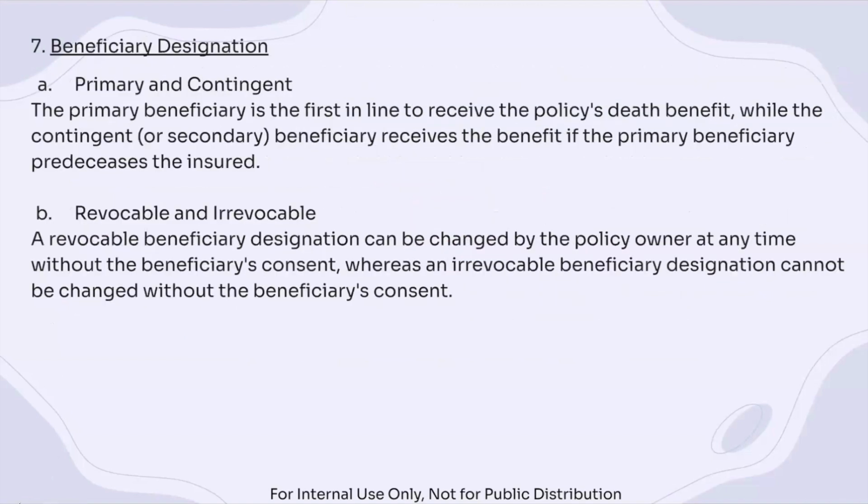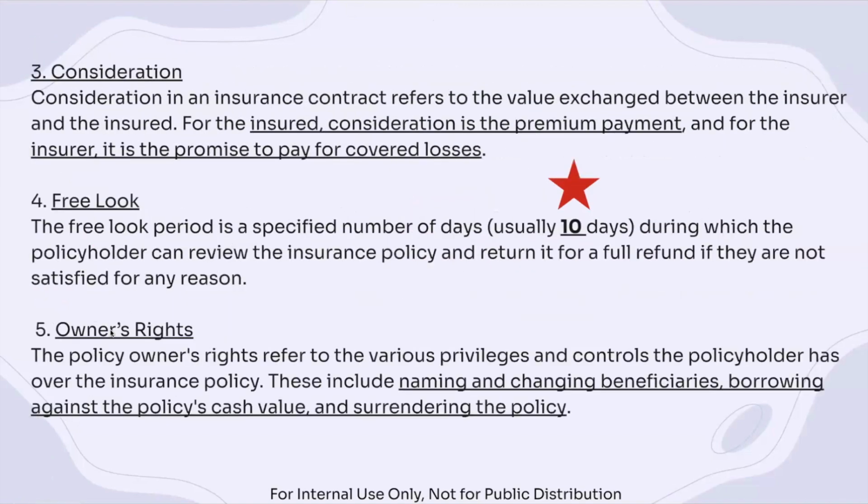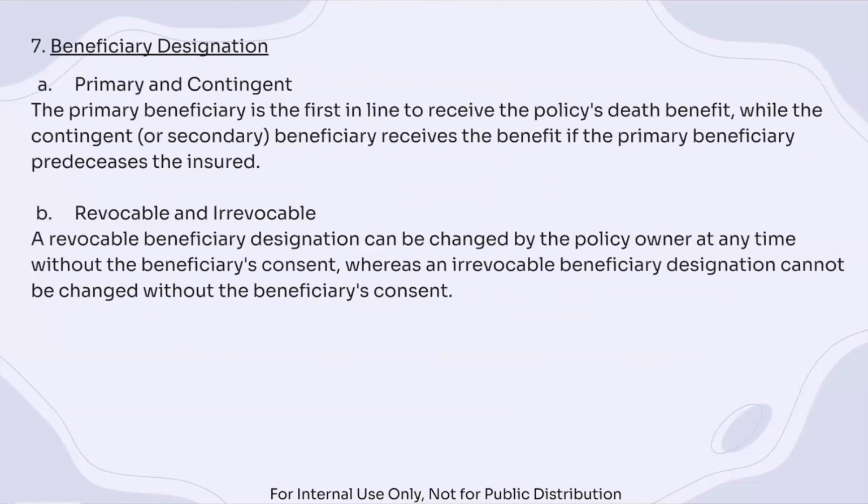Okay, so remember how I talked about owner's rights. There are some ways that the owner can name or change beneficiaries, but what are some ways to do that? Well, that's where we talk about beneficiary designation, and there's a couple types of beneficiary designations. Let's first look at primary versus contingent beneficiary.